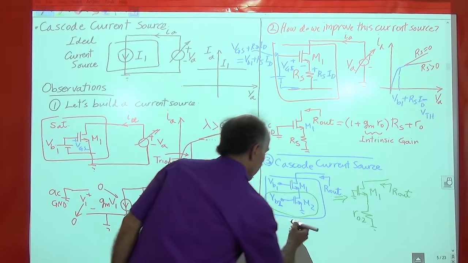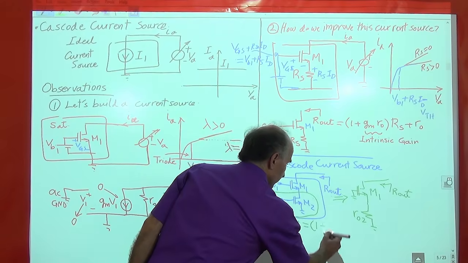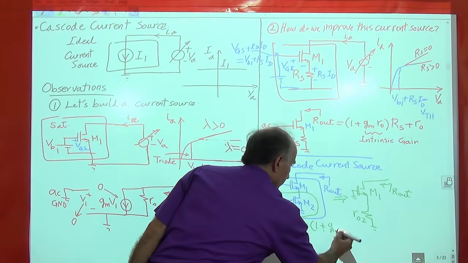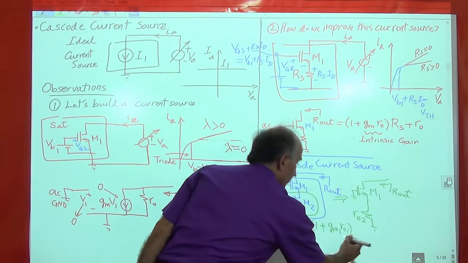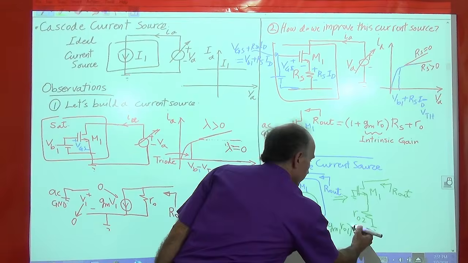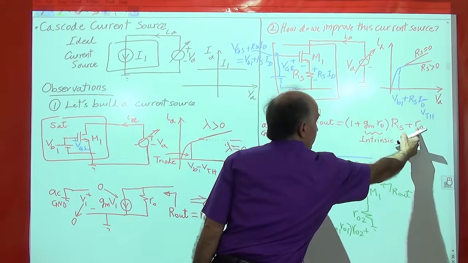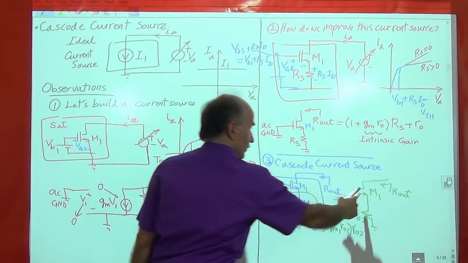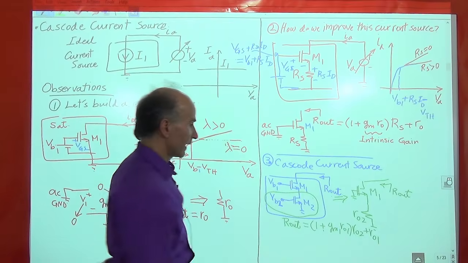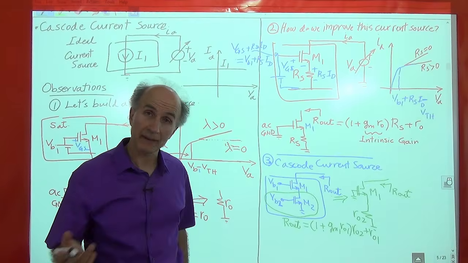Rout is equal to 1 plus GMRO of this device, GM1RO1, times the degeneration resistance. The degeneration resistance is RO2 plus this resistance, which is RO1. So that is the output resistance of the cascode structure when it's acting as a current source.